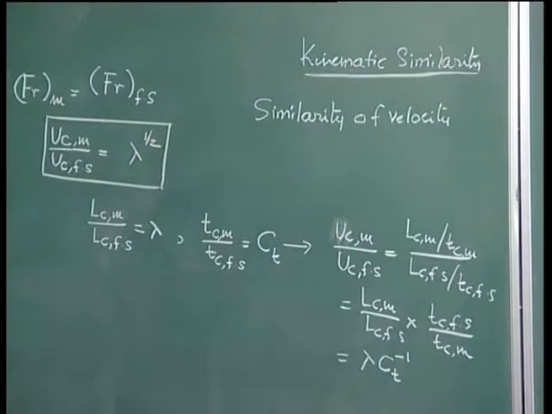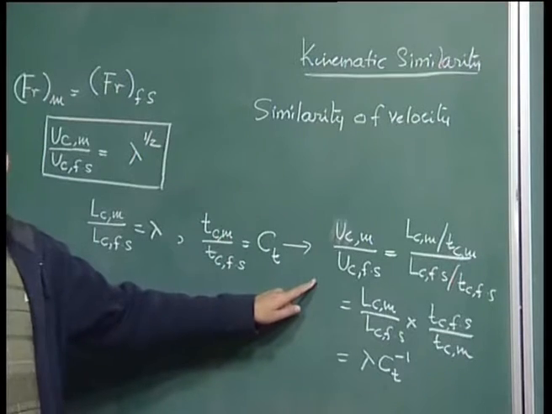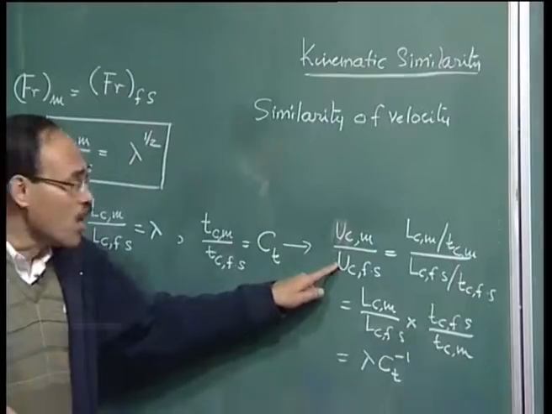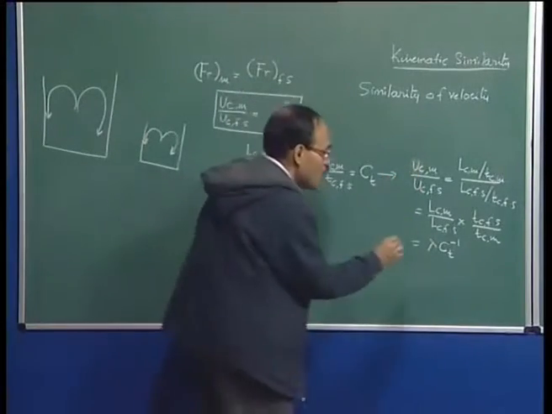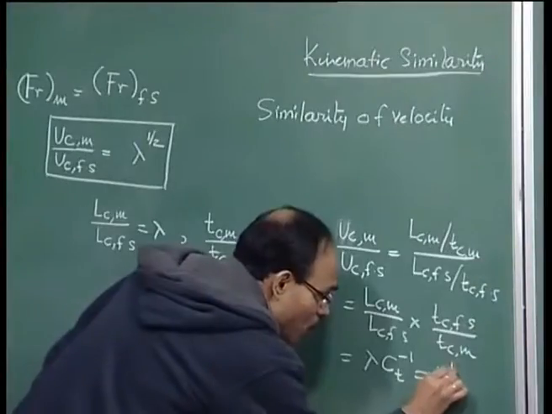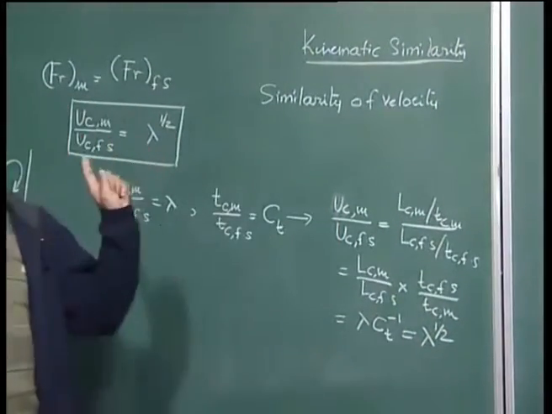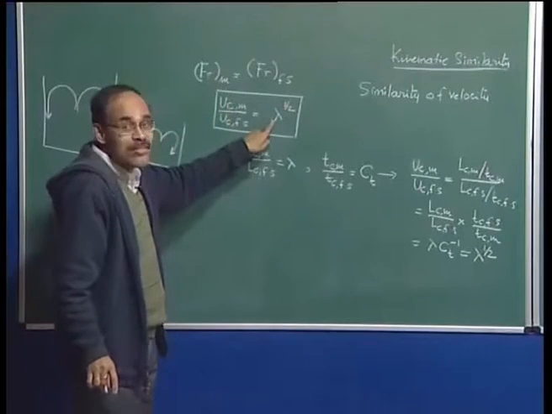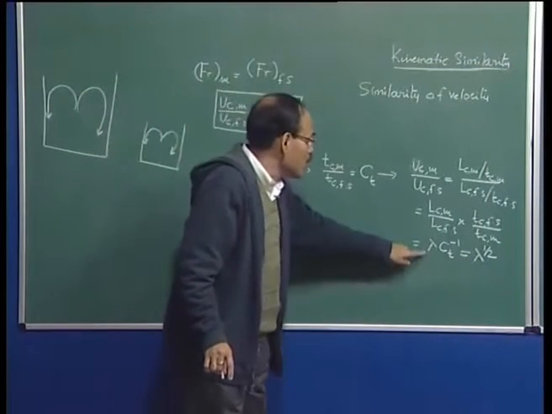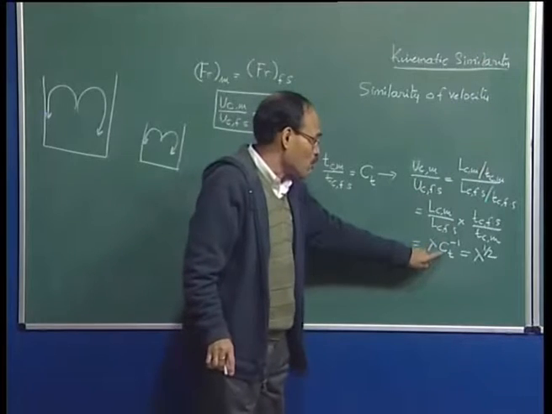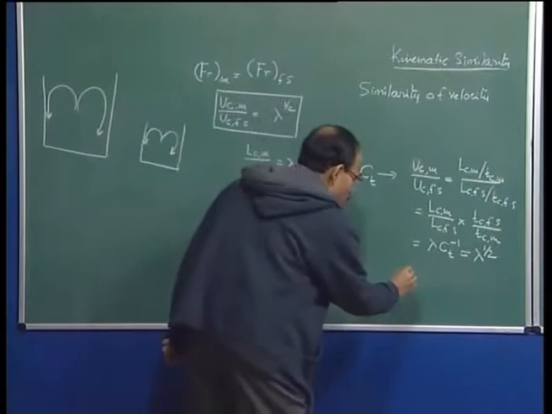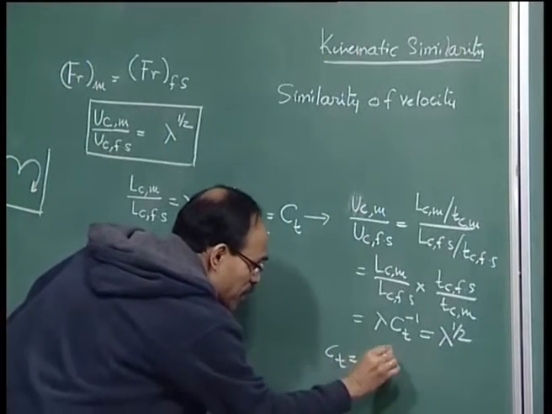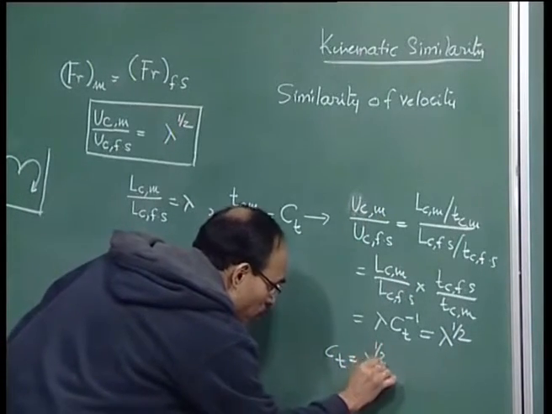Now, if the system is Froude dominated, for example, then I already know what this particular ratio is. This is equal to lambda to the power half, provided the system is Froude dominated, because I have shown you that the characteristic velocity scales are in proportion to lambda raised to the power half. So, this comes out to be C sub t inverse equal to lambda to the power half.